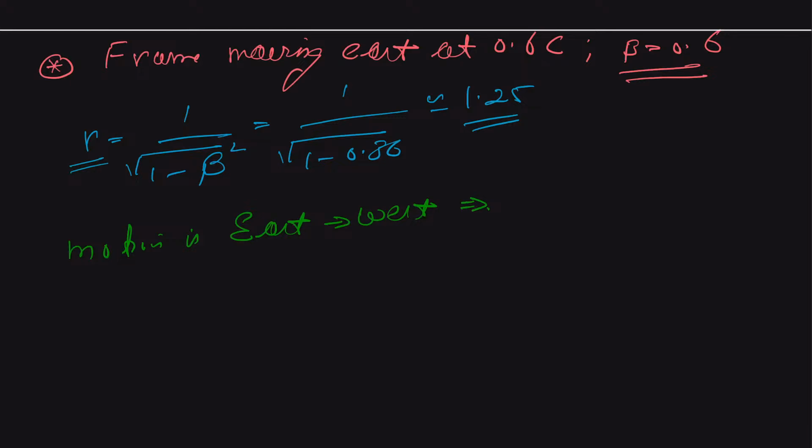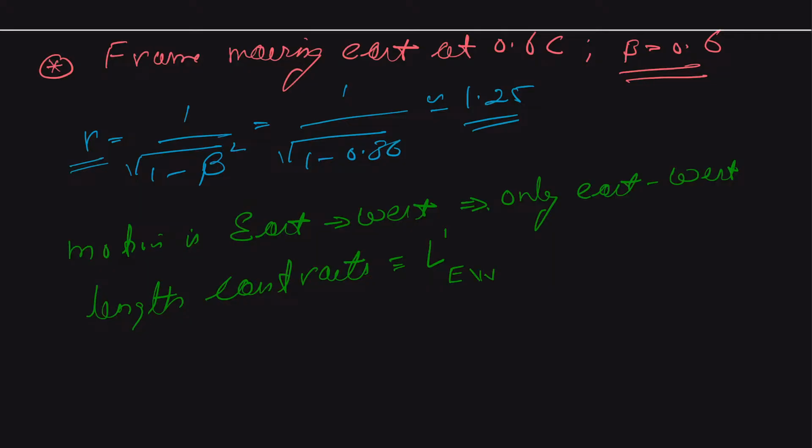Therefore, we can say that only the east-west length contracts, and we can write that the length, suppose that is L prime, between east and west, will be equal to the original length, that is 0.20, divided by this factor gamma, that is 1.25, and this will be coming as 0.16 meters.